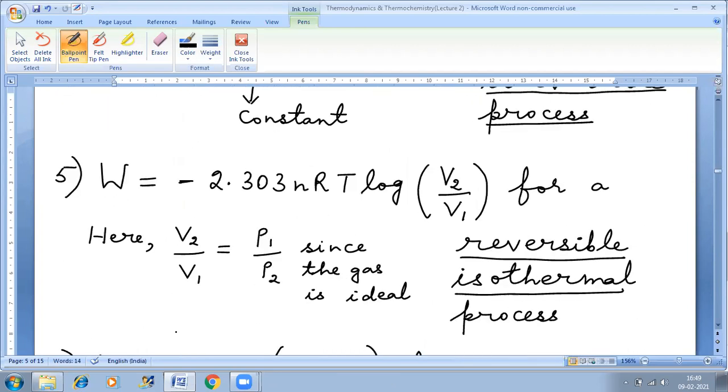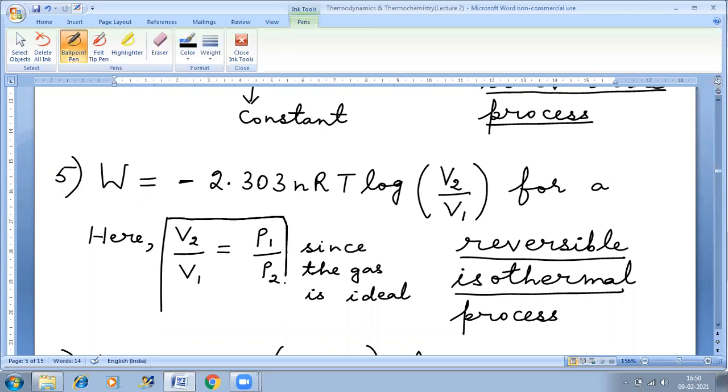For a reversible isothermal process, this is a formula of work done. And we will assume every gas to be an ideal gas. So we can use this relation for any isothermal process, that is V2 upon V1 is equal to P1 upon P2.